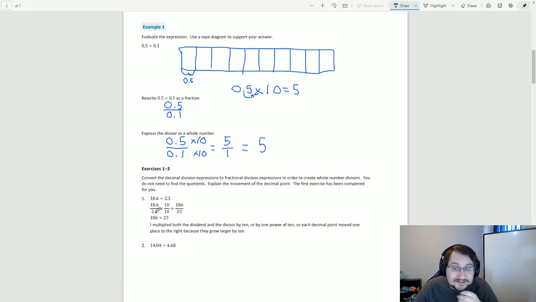Since it's 0.3, those are my tenths, I can move my decimal one place and I'll get a whole number. So I need to multiply both my dividend and my divisor by 10 in order to get 186 over 23, and then we could take that and change it back to a problem like that.